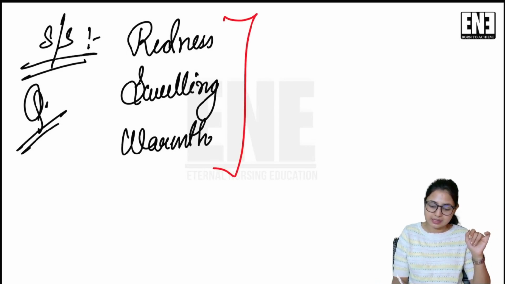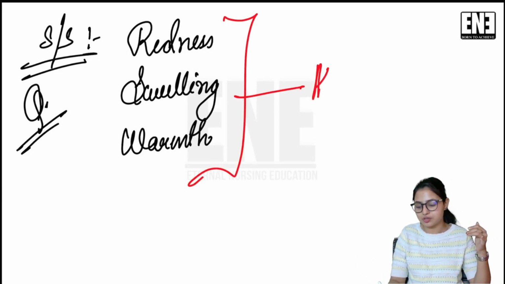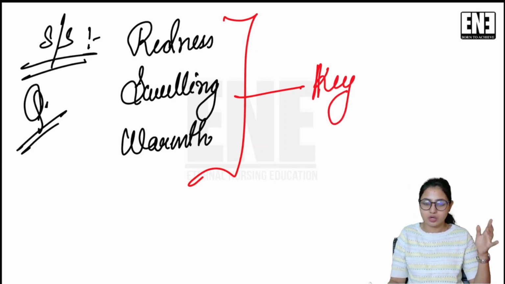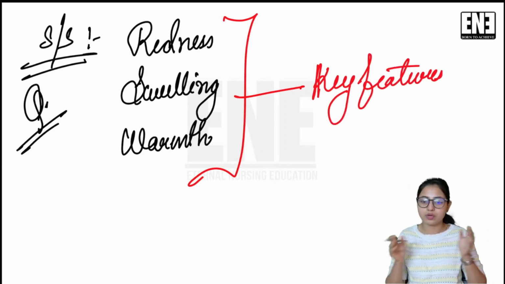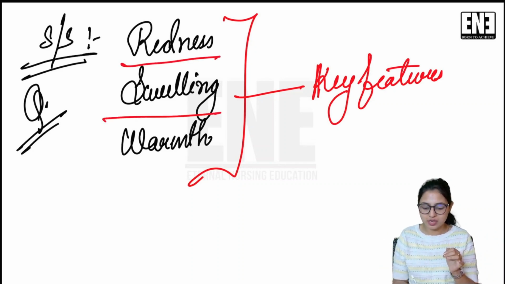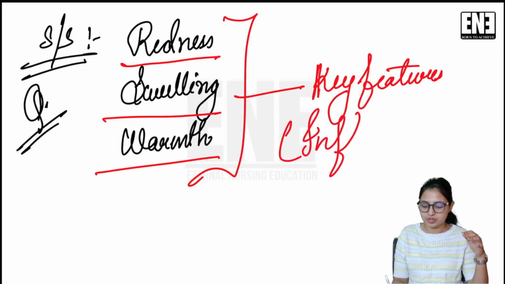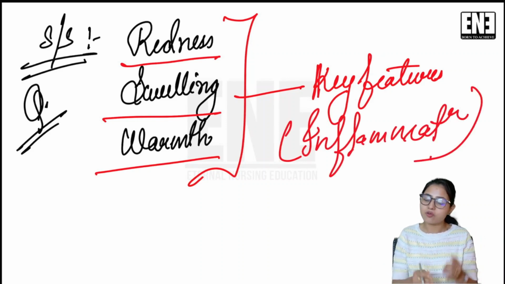These things are the main key features, the hallmark features of inflammation. Whether you call them key features of inflammation or of infection, these are the three main factors which are highly associated with infection or inflammation. Along with them there are many other features, but these three are the main ones.